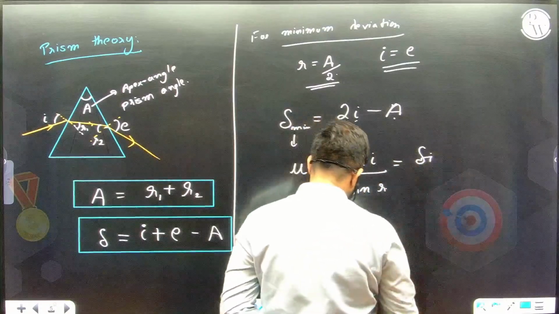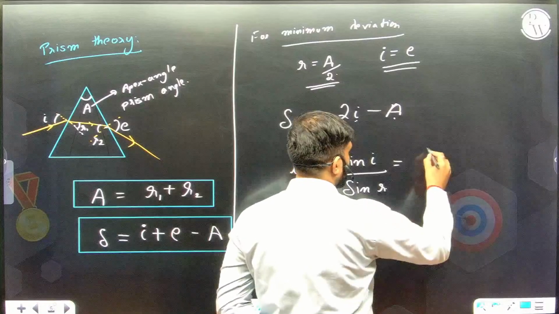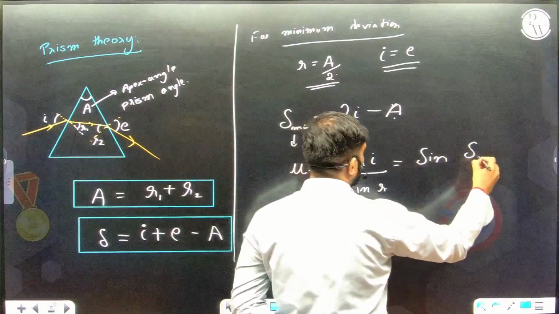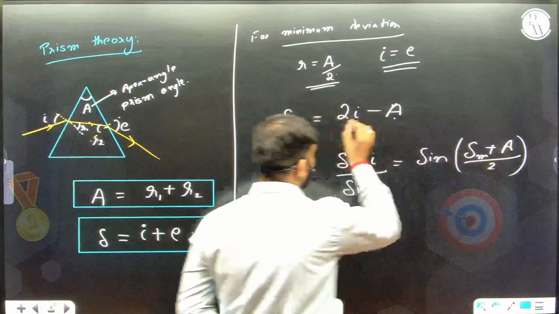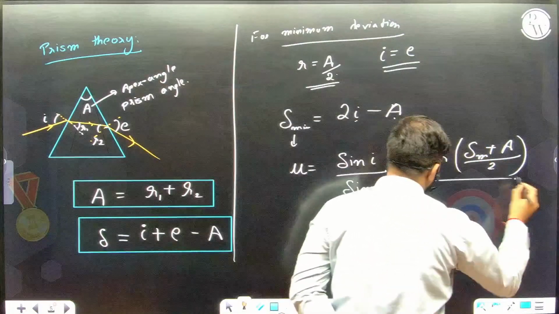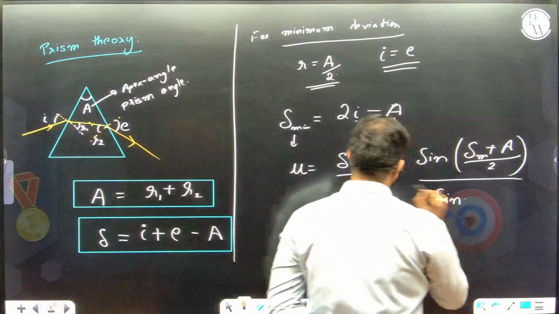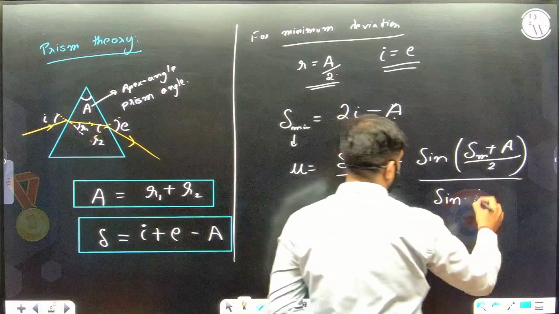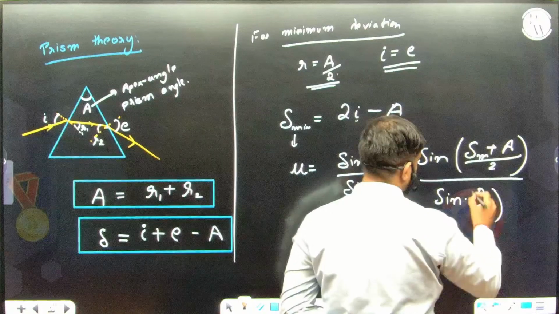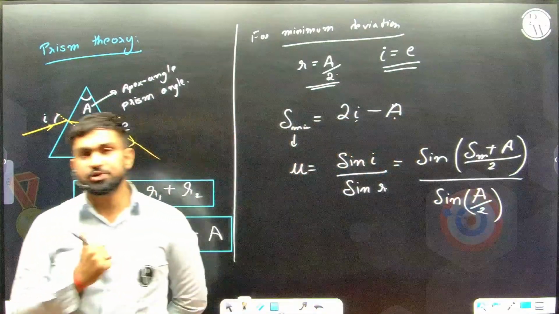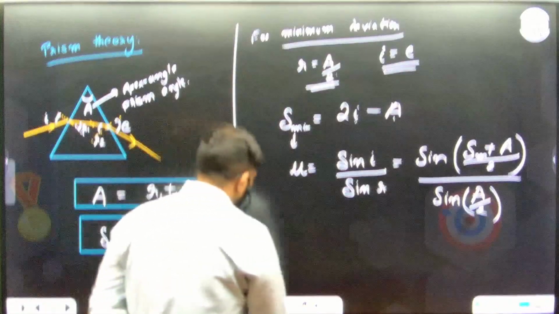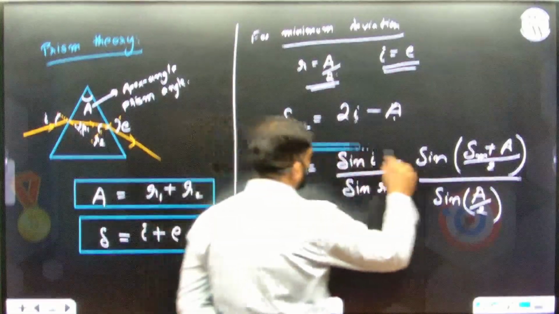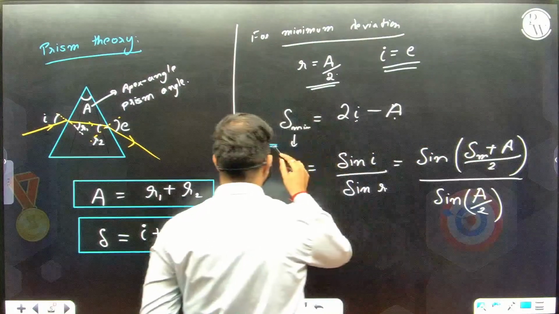So it is sine of (delta minimum plus angle of prism) divided by 2. I got the angle of incidence, divided by sine of R, which is A by 2, the angle of refraction. This is how we can get mu, the refractive index of the prism, using the concept of minimum deviation.